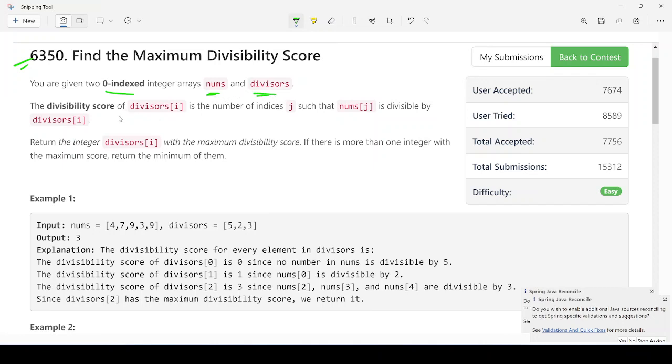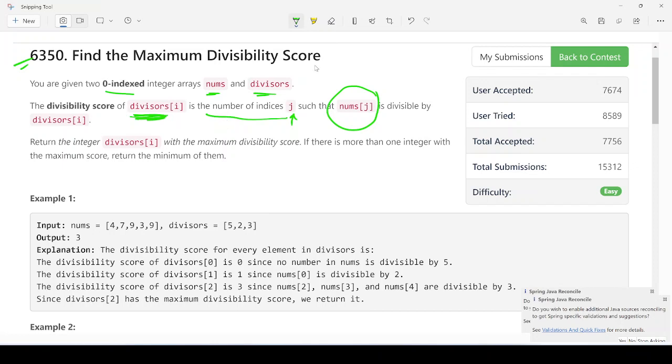The divisibility score of a divisor is the number of indices j such that nums[j] is divisible by that divisor.